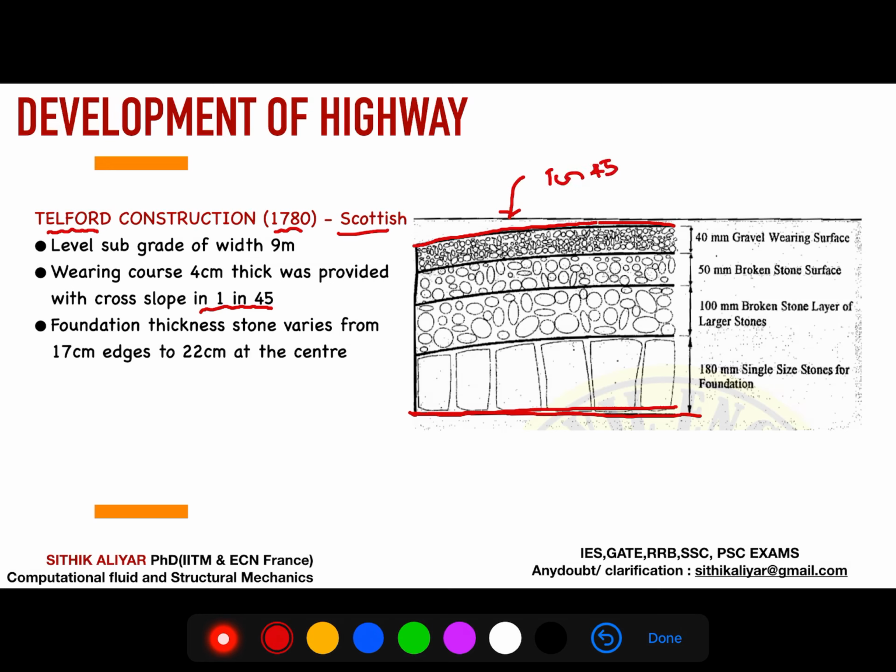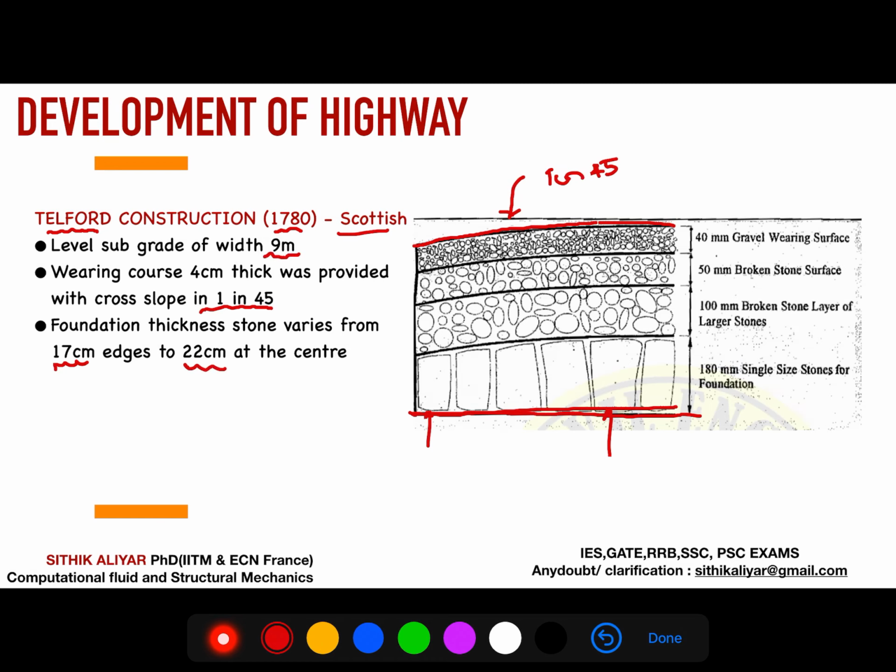He introduced a layer of aggregates, and he has a very heavy foundation stone, 17 centimeters at the edges, a very small stone, to a very high stone at the center, 22 centimeters thick. He introduced a total road width of approximately 9 meters, and you should remember three things in the Telford construction.